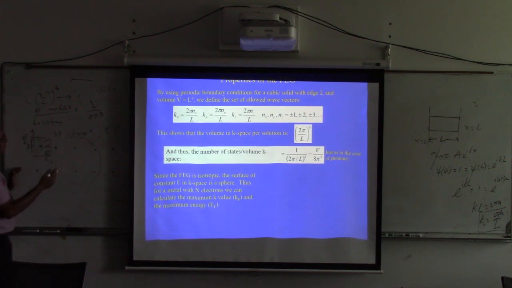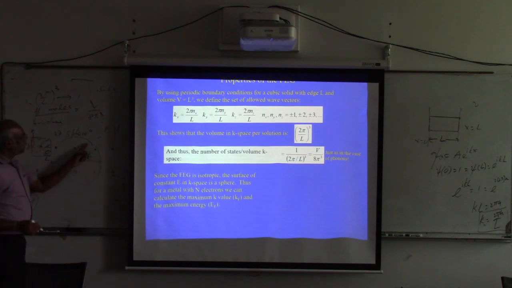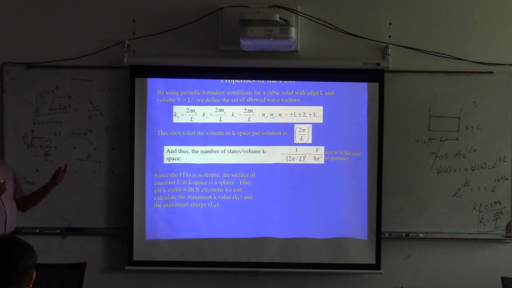In 2 dimensions it is simply a circle, with area π k squared, right? Here, if this is k, the volume would be 4/3 π k cubed, right?